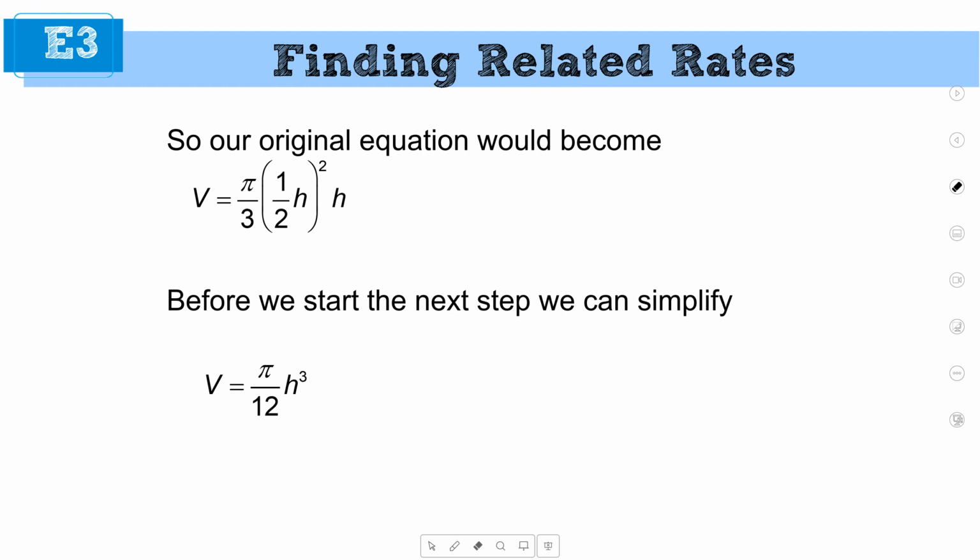Sophia, could you please tell me what the derivative of this equation is, please? And then it would be 3 pi over 12, which is 1/4 H squared.